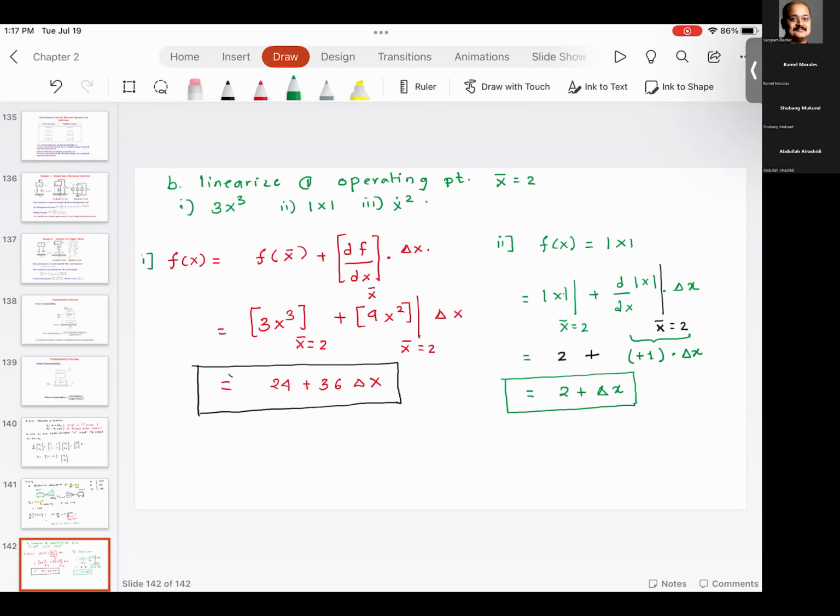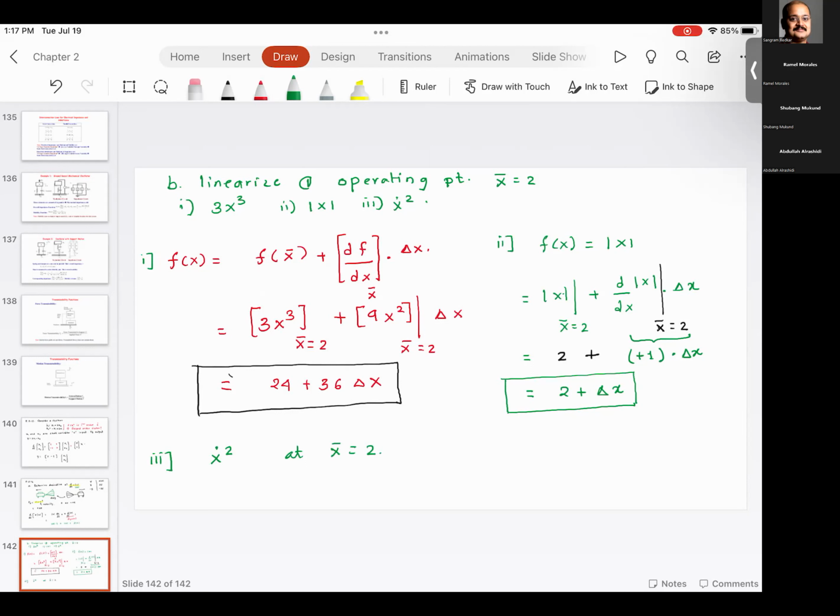And the last part is, what is the Taylor series expansion of x dot square at x bar equal to 2? Can someone tell me?